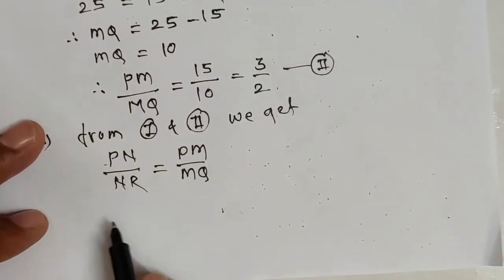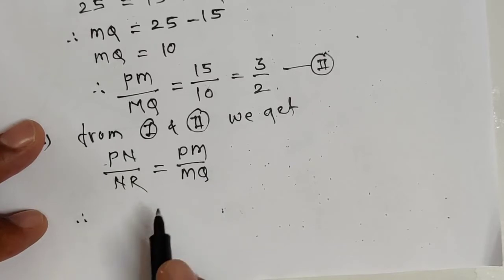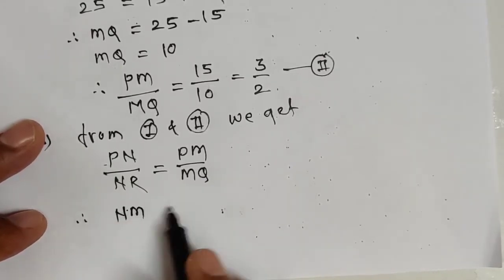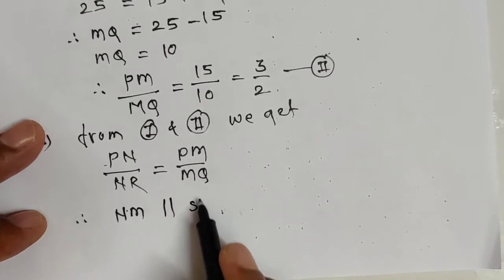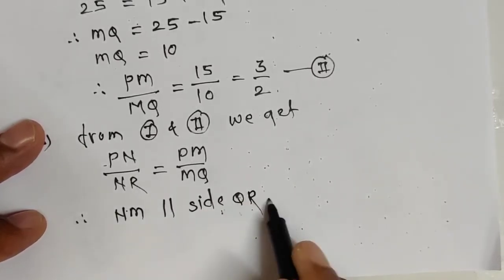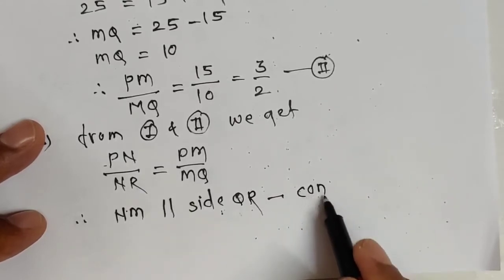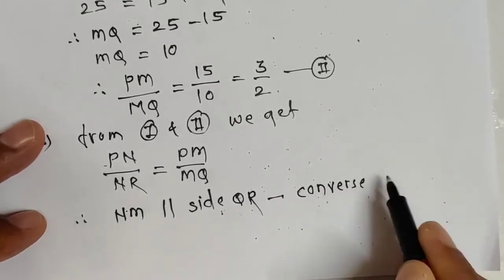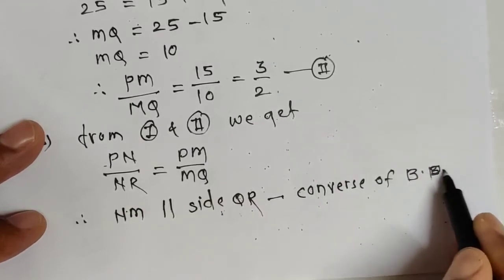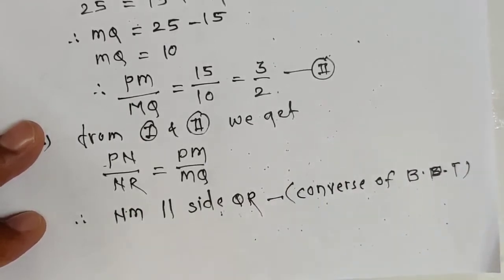Then what can we write? Therefore NM is parallel to side QR, and the reason is converse of basic proportionality theorem, converse of BPT.